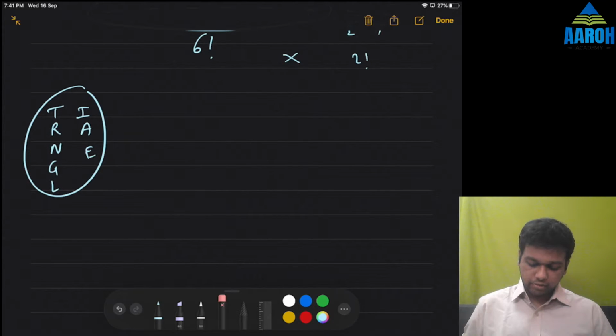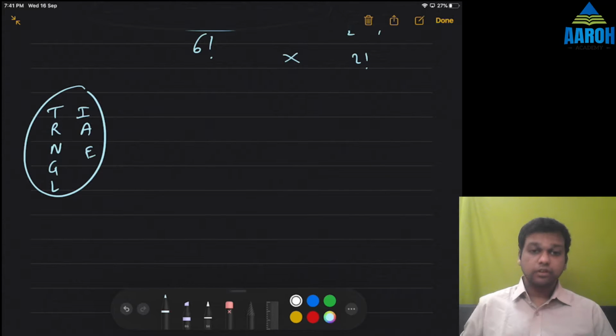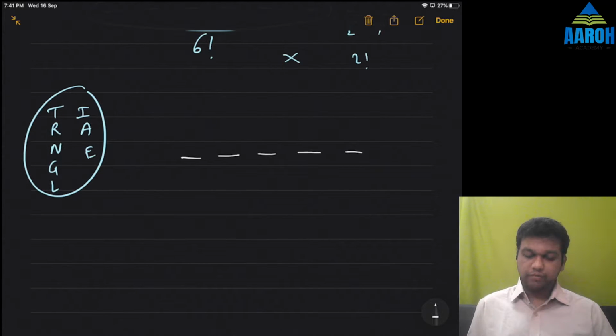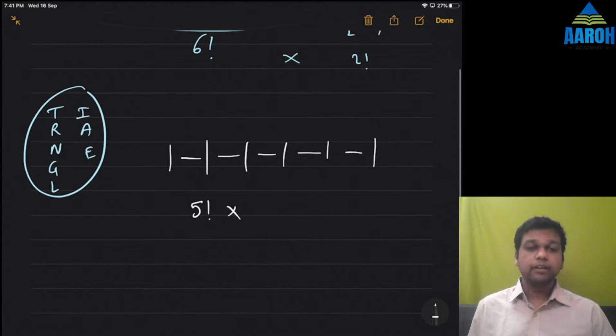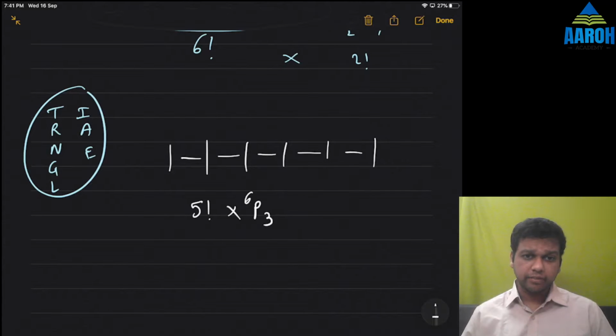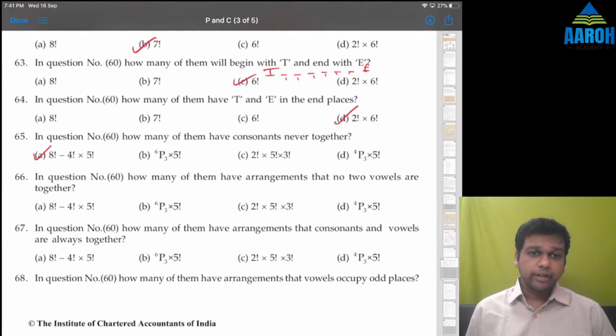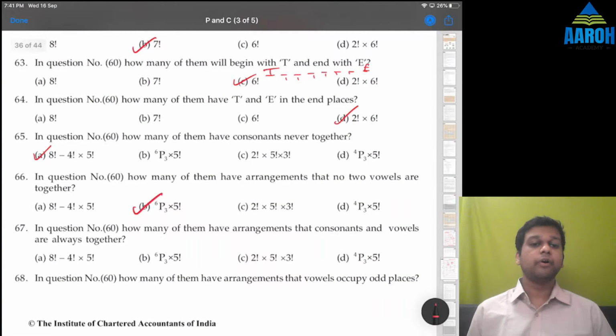So let's arrange the consonants first, 1, 2, 3, 4, 5. And now vowels have to be arranged alternately between them. So for vowels we have 1, 2, 3, 4, 5, 6 places available. So 5 consonants can be arranged in 5 factorial ways, and on 6 places we have to arrange 3 vowels. 6P3. So 5 factorial into 6P3 will be the answer. Don't calculate it because it is already in this form only.